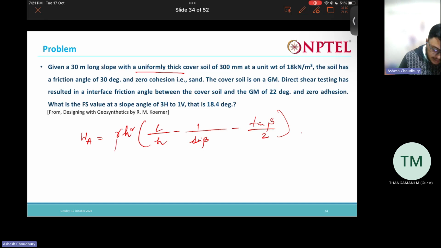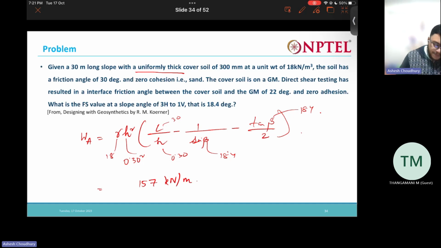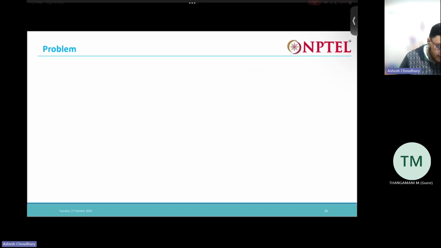Gamma is 18, H is 0.3 squared, L is 30, beta is 18.4. If you put all the values, you will find 1757 per meter. Then we find out Na, which is nothing but the cosine component.